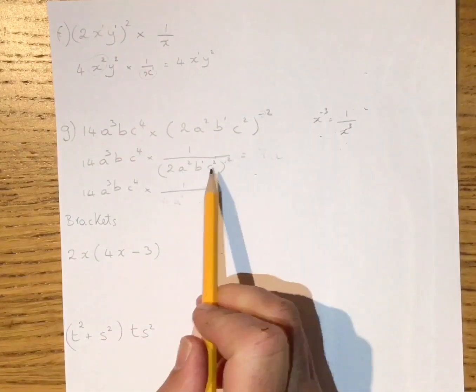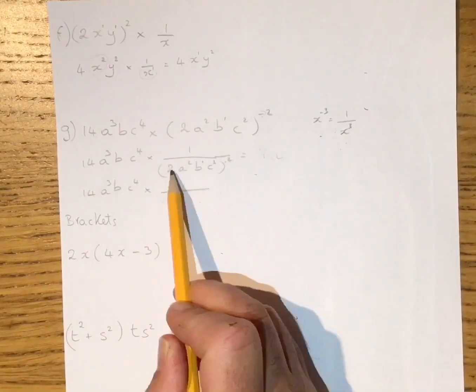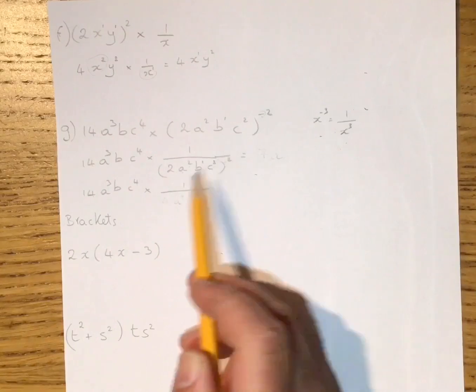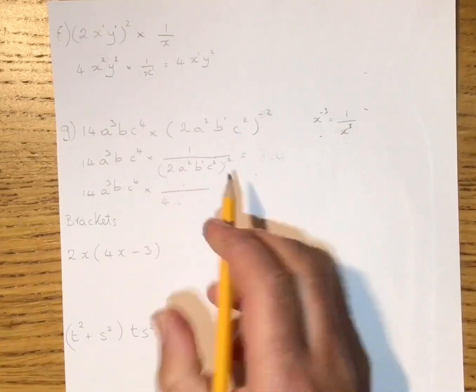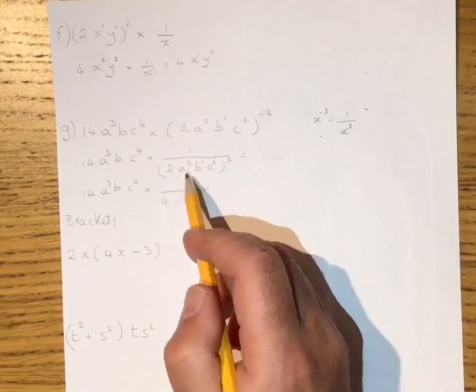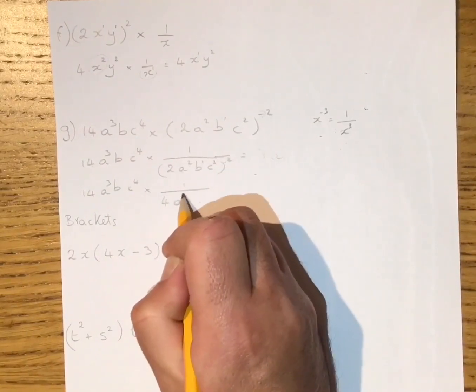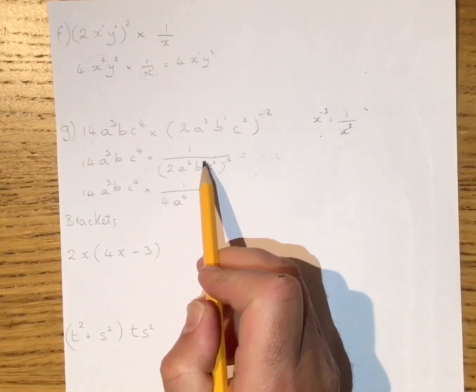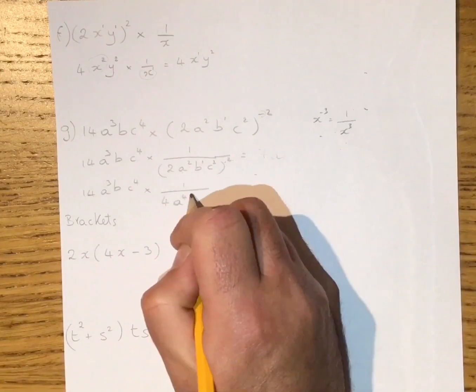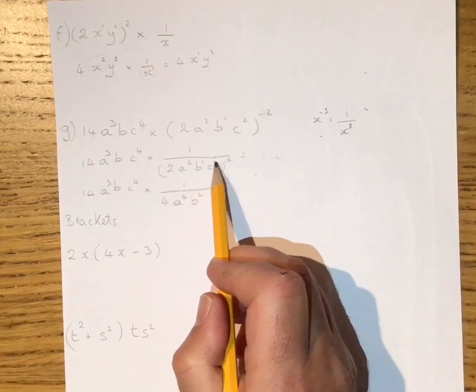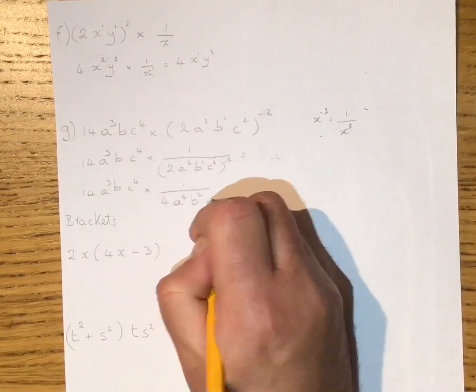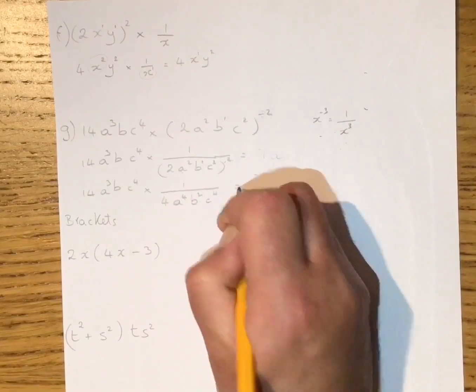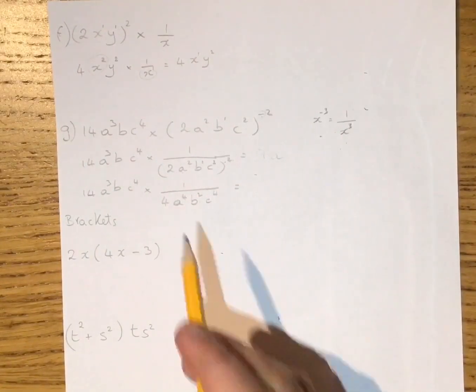So now we need to square everything that is there. So we have 2 squared is 4. a squared to the power 2, we times the powers, a to the power 4. b, 1 times 2 is 2. c squared to the power 2, c to the power 4. Okay, fine.